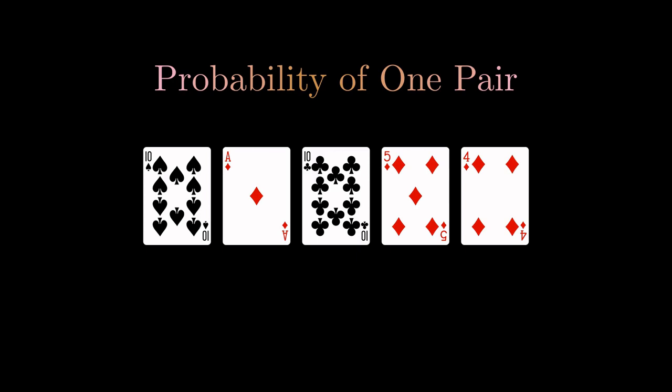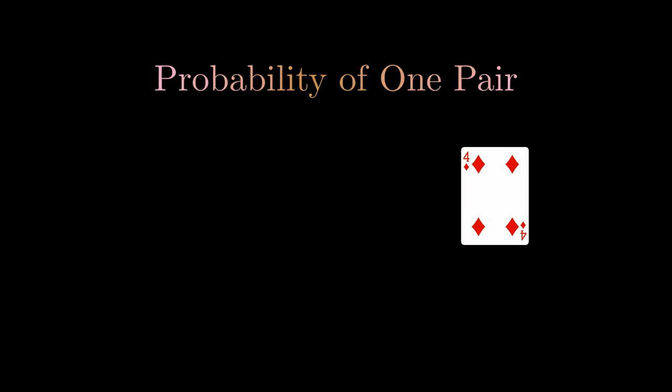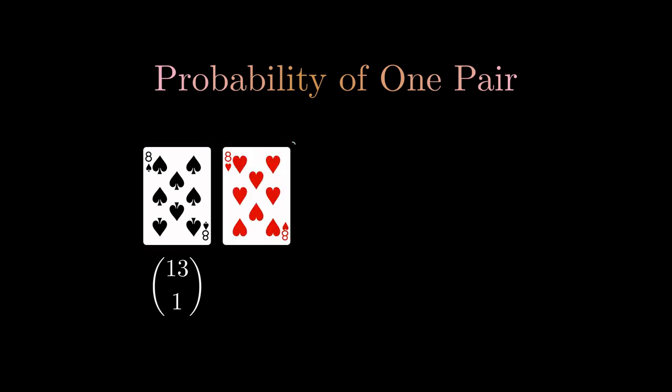I'm going to redeal and put my pair in the front. Again, we're going to choose one of the 13 denominations. In this case, it's an 8. And then we need the 2 8s. So from 4 8s, we choose 2.